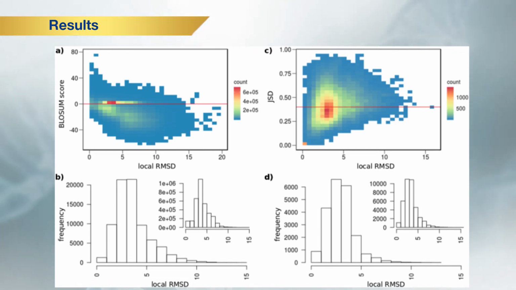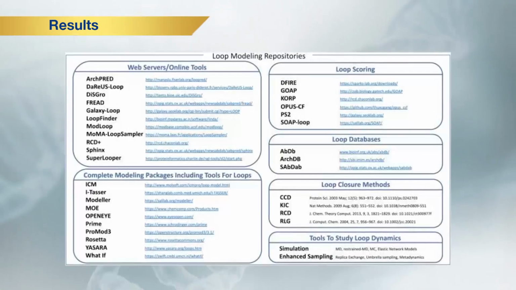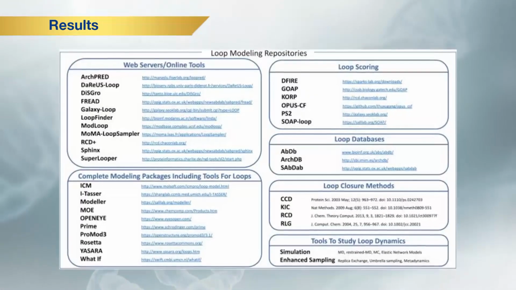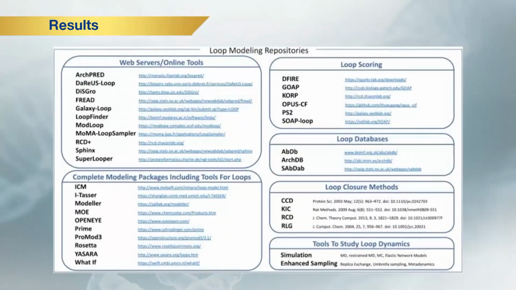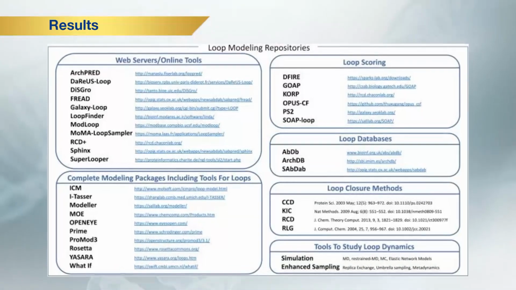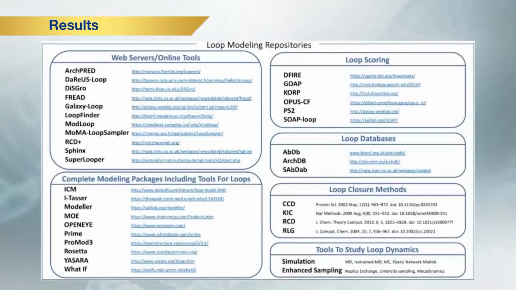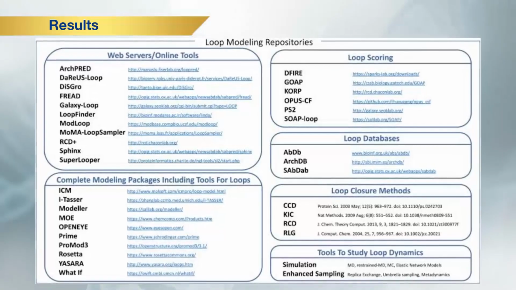In the figure we can also see the smaller histograms at the top right for these approaches. So, this is the whole pictorial representation and understanding of this server which helps in loop modeling.